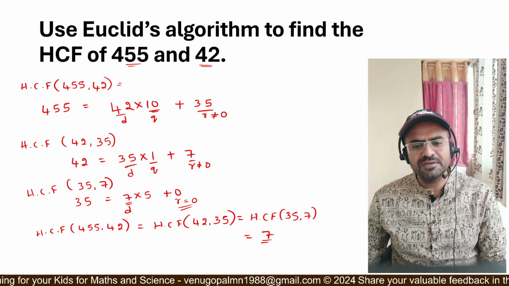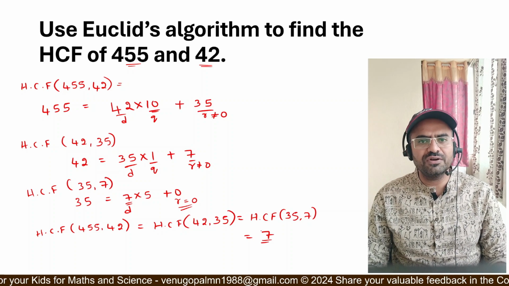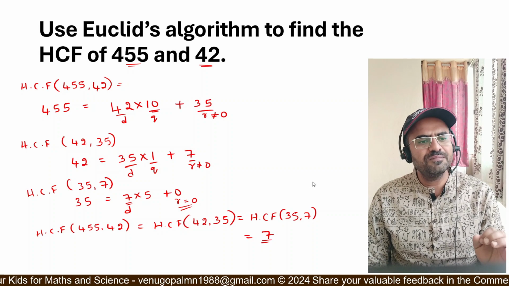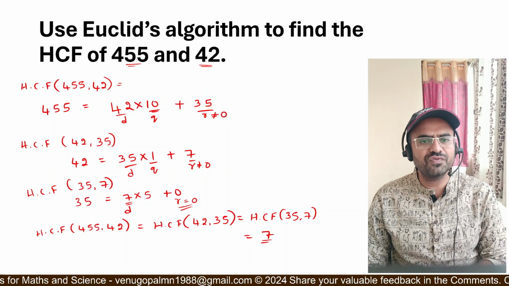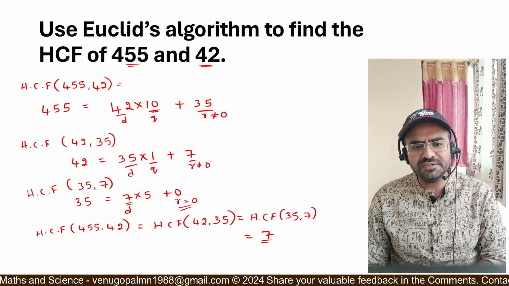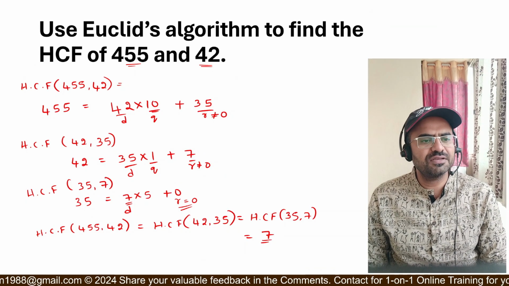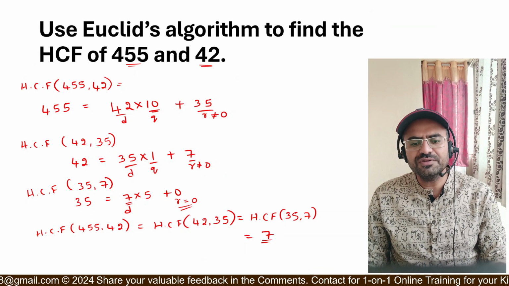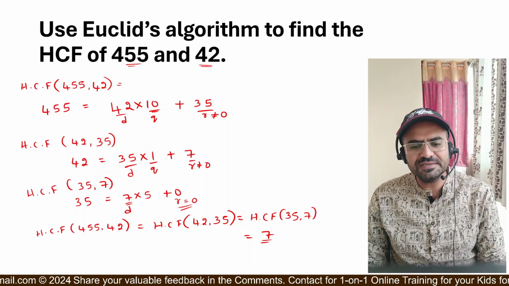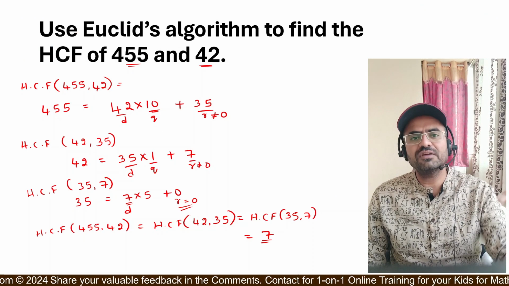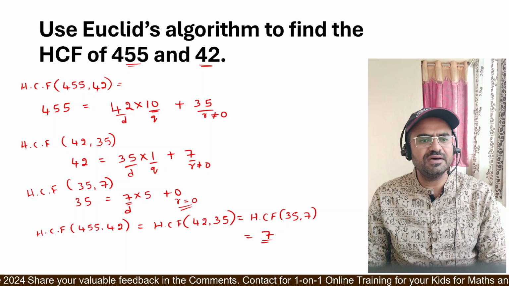Clear, guys? This is how you are going to find the value of the HCF of 455 and 42. So the value of the HCF of 455 and 42 is 7. Very simple. You just have to follow the steps one after the other.